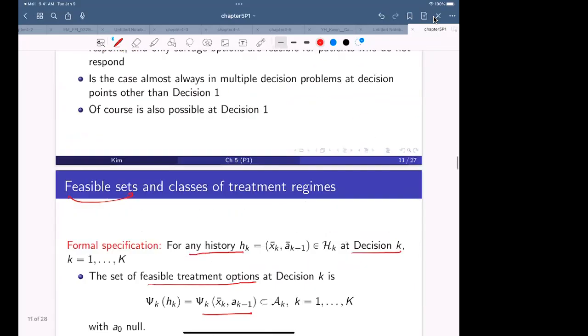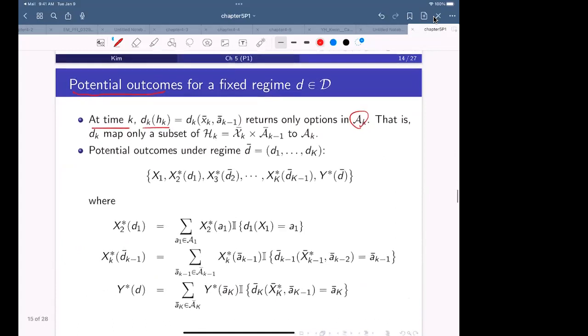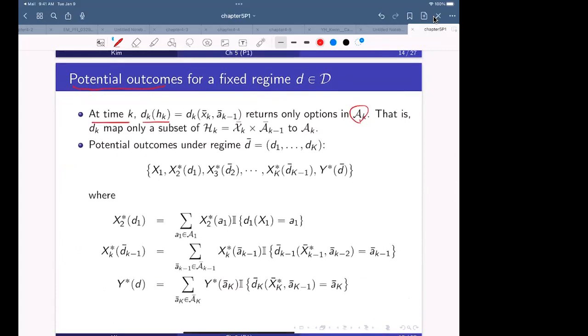So for the potential outcome for a given regime D, we can conceptually derive the potential outcome on the regime D using the same concept. So given the rule, we just choose the option.